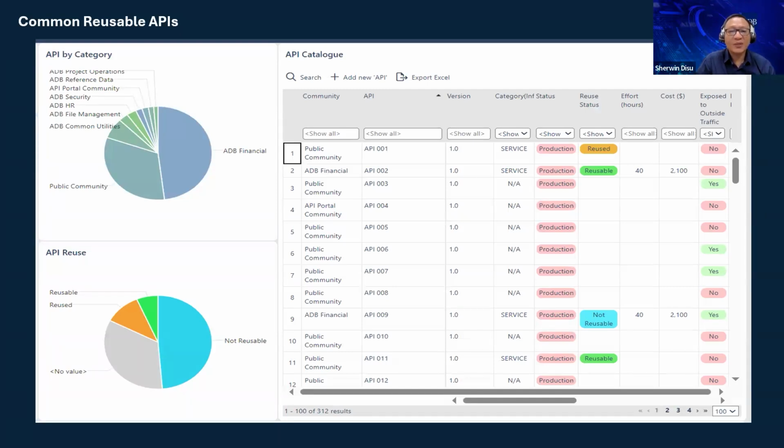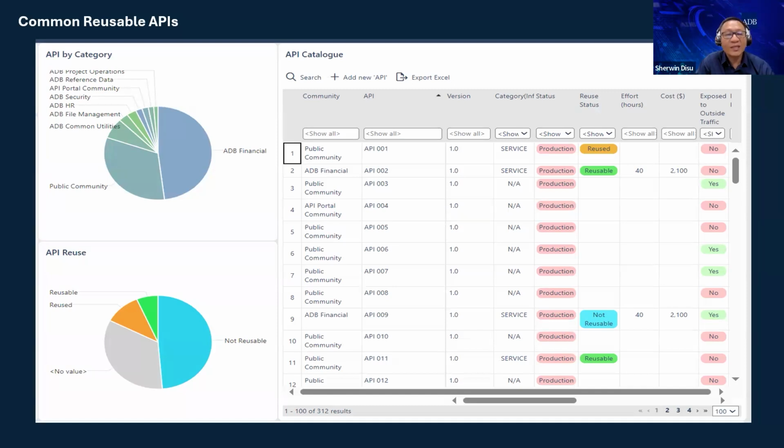So to drive reuse of APIs, an API catalog like what you see now is a must to manage the API inventory, where each API is well documented with a requirements document, a functional design document, and a technical design document. To keep the API catalog updated, we have integrated with the API gateway, where APIs are regularly updated and published.